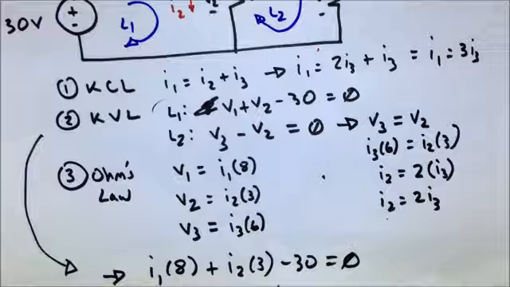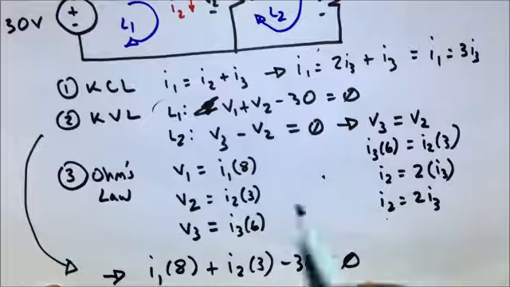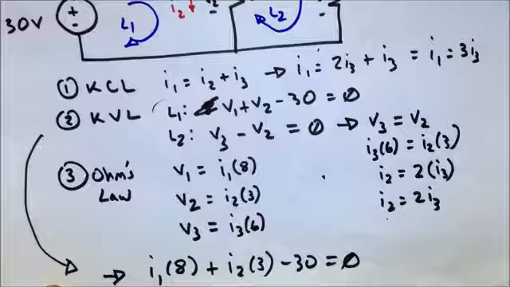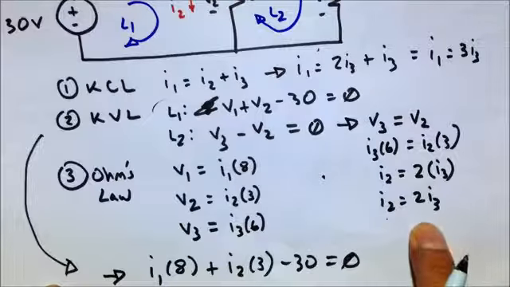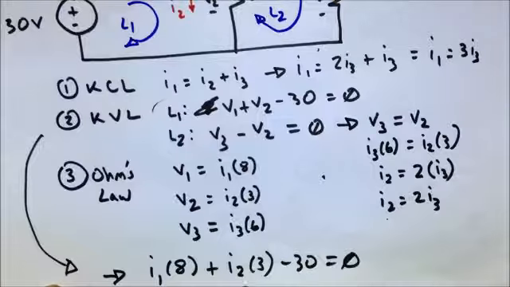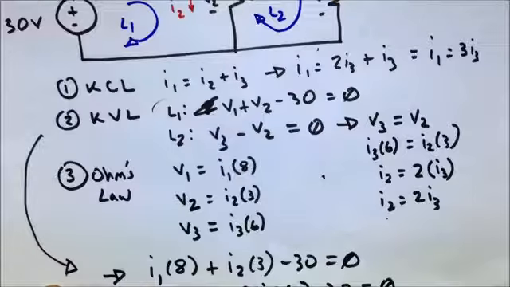And we know we can replace both of these with I3s. I1 equals 3 times I3. So that's 3 times I3 times 8, plus I2, which we know is 2 times I3, so 2 times I3 times 3, minus 30 equals 0.